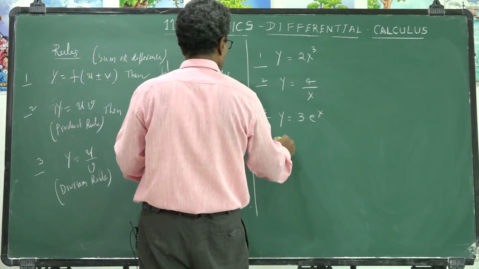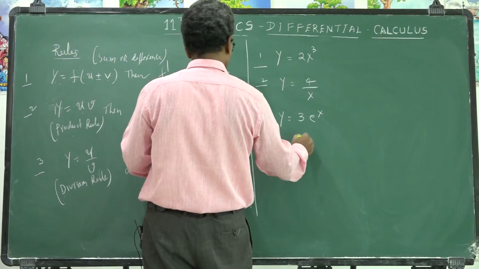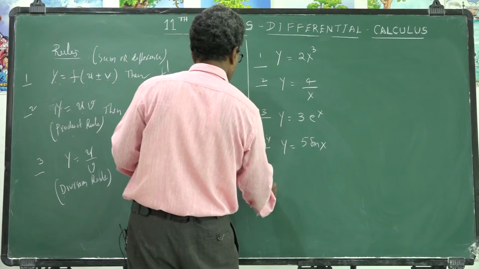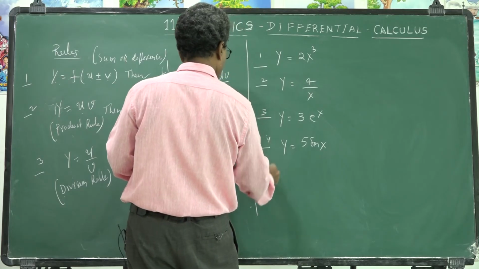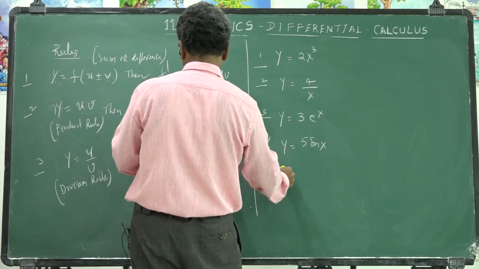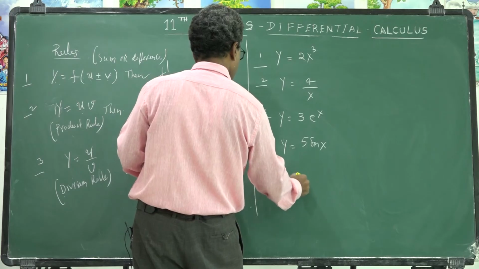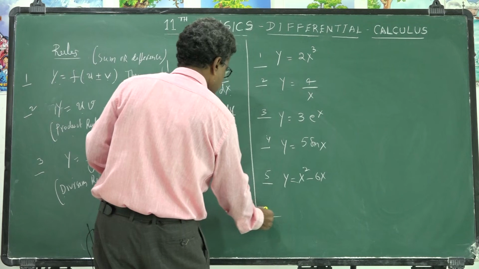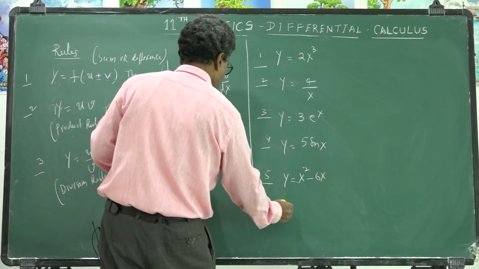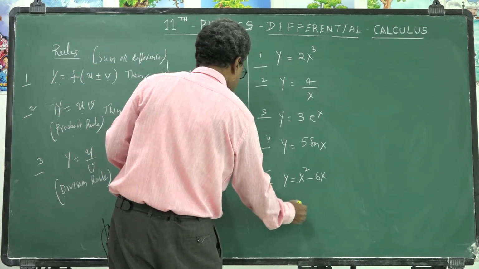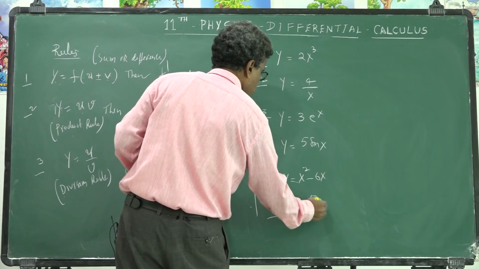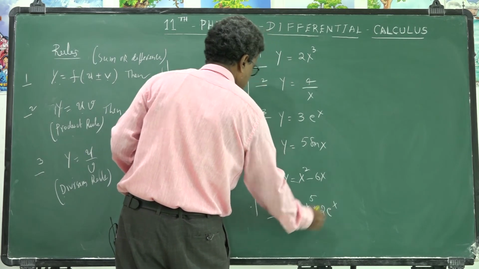Fourth one, y is equal to 5 sin x. Fifth one, y is equal to x square minus 6x. Sixth one, y is equal to x to the power 5 plus 2 e to the power x.